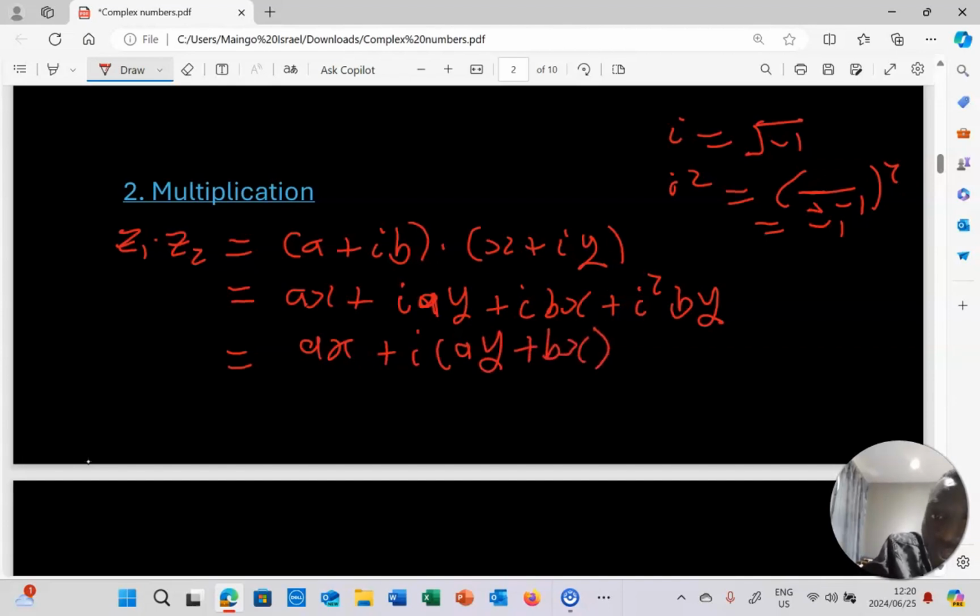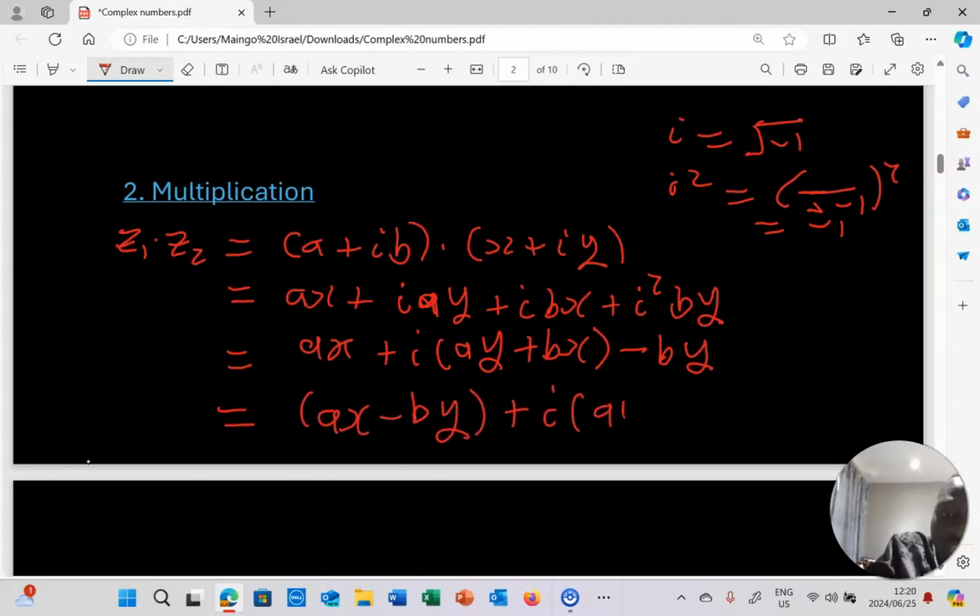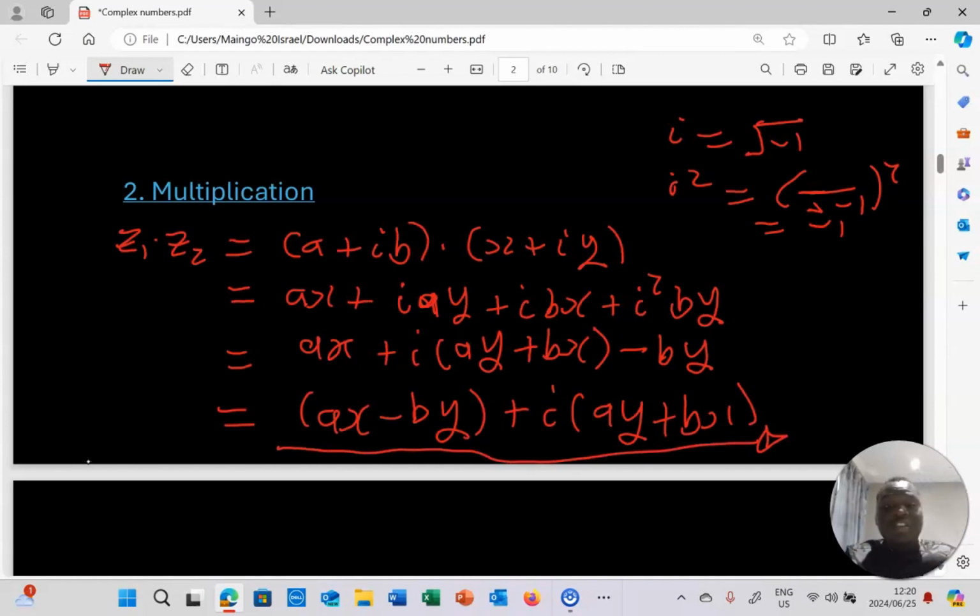So i squared is -1, this positive will change to negative, so it will be minus BY. So we can group the like terms together, so this will be AX minus BY, plus i(AY plus BX). So this is how we multiply two complex numbers.